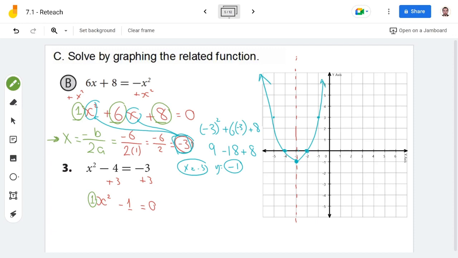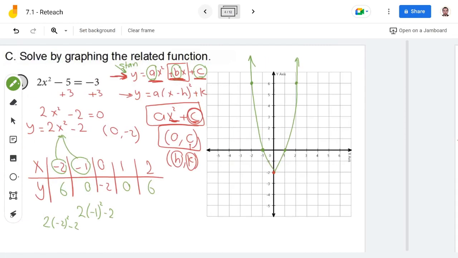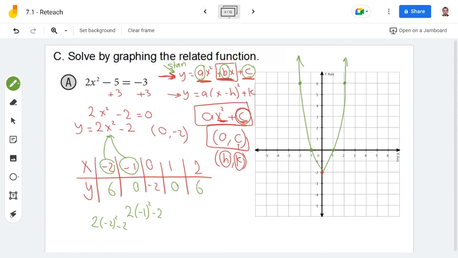So from this one, it is the vertex form. We can say that the vertex is 0 and negative 1, because h and k, as I told you if we go back here, always if I have ax squared plus c, the vertex will always be 0 and c.